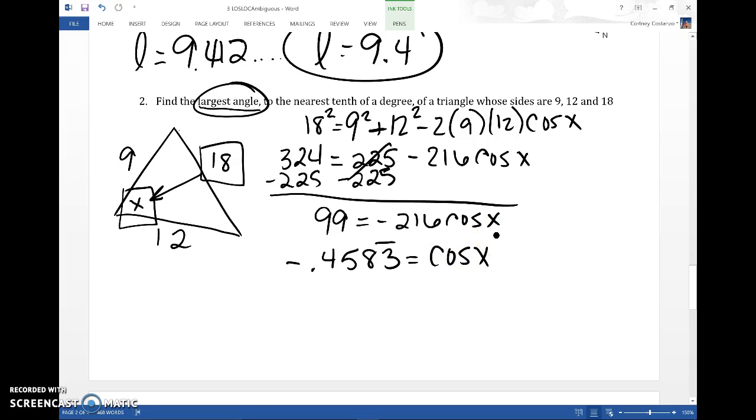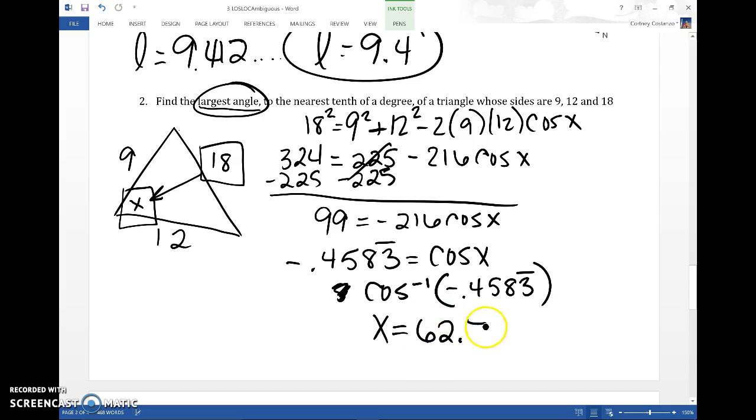Just like before, except now I do second cosine, cosine inverse, and I'm just going to insert my answer in there. I'm not going to round anything. I'm just going to type the whole thing. Second answer. And I get x is equal to 62.72. It says to the nearest tenth of a degree, so 62.7 degrees is going to be my answer for x. That's going to be the largest angle in the triangle.